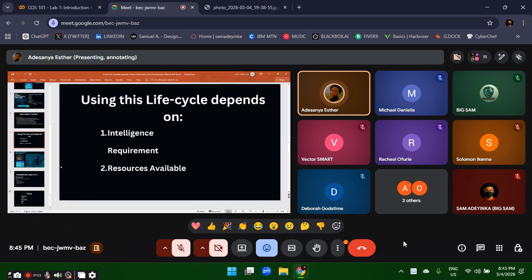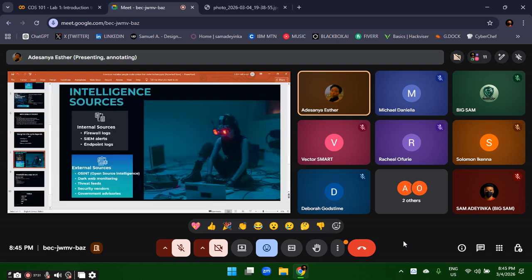And the intelligence sources that we have are internal sources and external sources. For internal sources, we have firewall logs, the SIEM alerts, and the endpoint logs, and we also have external sources, which is dual SIEMs.